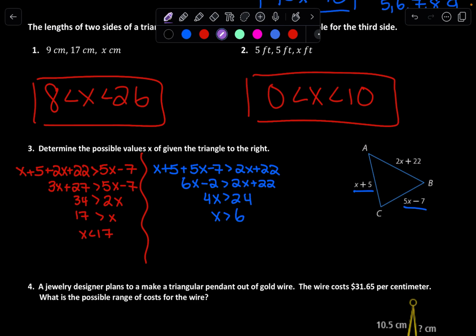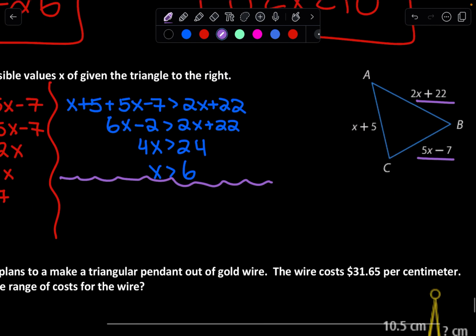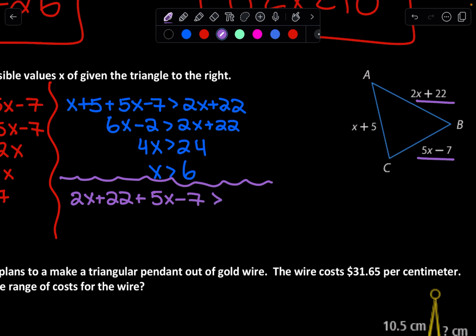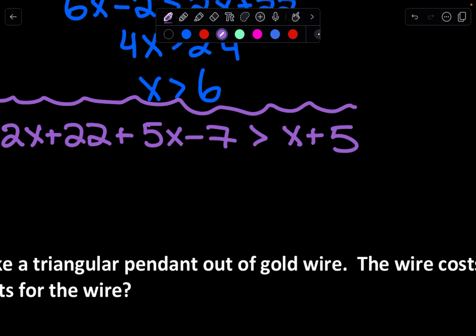Okay. And then lastly, my last two sides that I can add would be 2x plus 22 plus 5x minus 7, which has to be bigger than x plus 5. So that's my last inequality that I have to check. Basically I'm just checking all three of my inequalities to determine what my range of values would be.